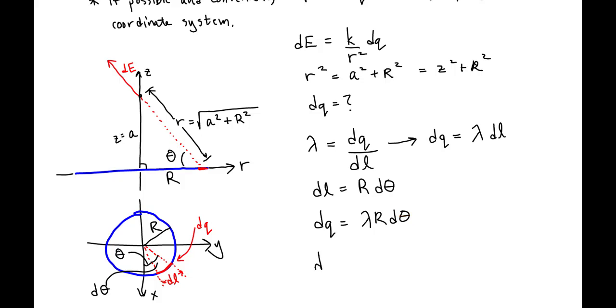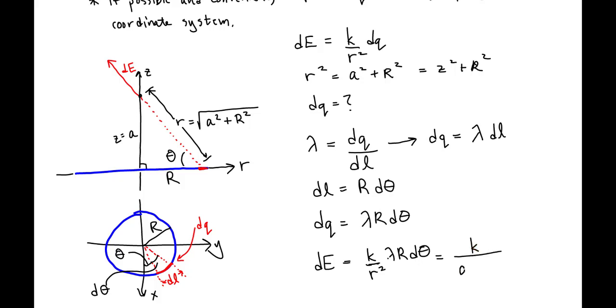And this means that the electric field due to a tiny charge element is equal to k over r squared times lambda r d theta. This is nice because we have a single variable to integrate over. R, lowercase r, is a constant.